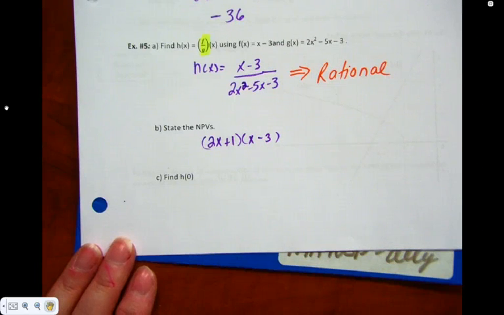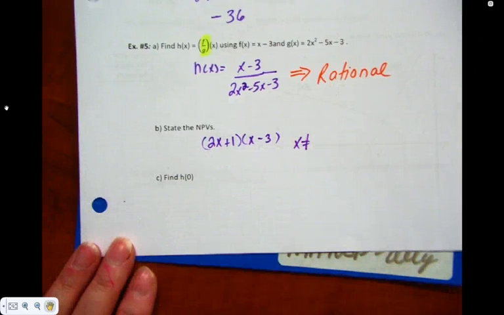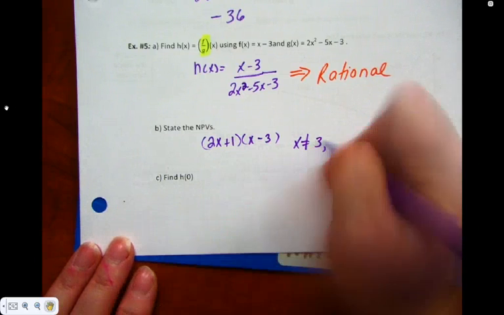Agree? Disagree? Really, really quiet? So x cannot equal 3 and negative a half.